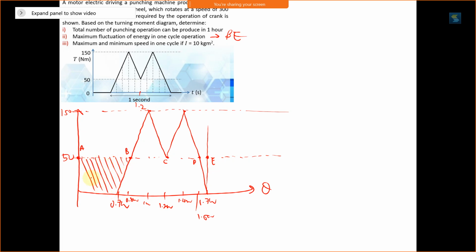Alright, first here, and then here at the top, and here, and the last one here. Okay, clear? So that is our area of points.